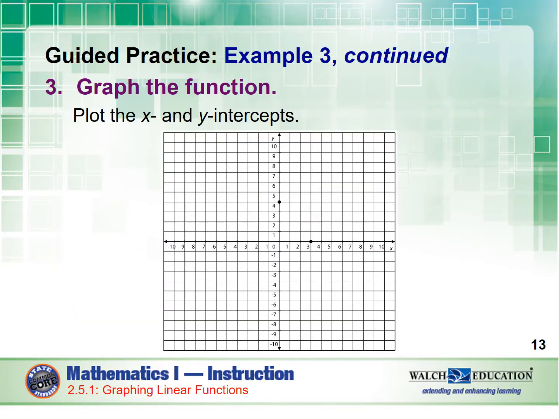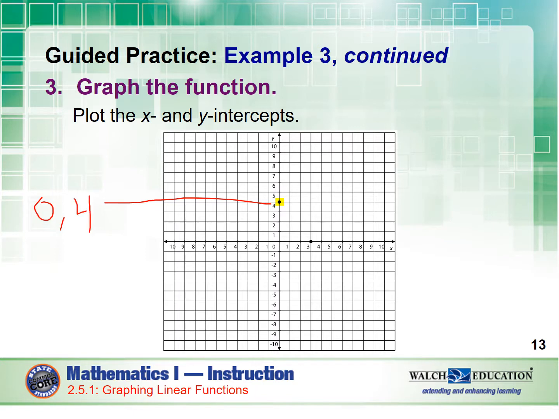Here we go. We've got the first one, which is your y-intercept. Your x value for that is 0. So this line right here is going to be (0, 4).